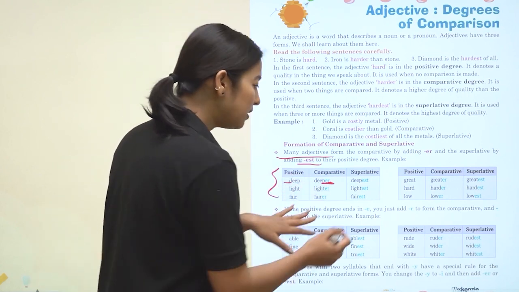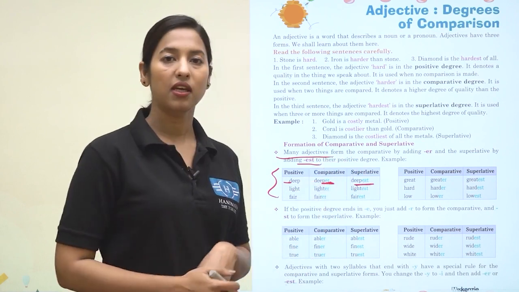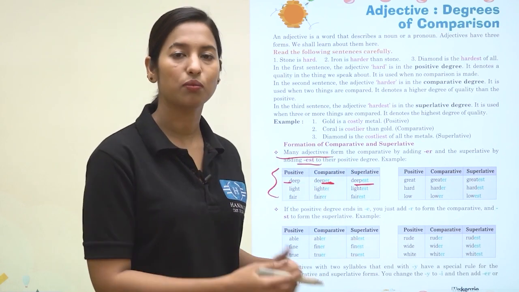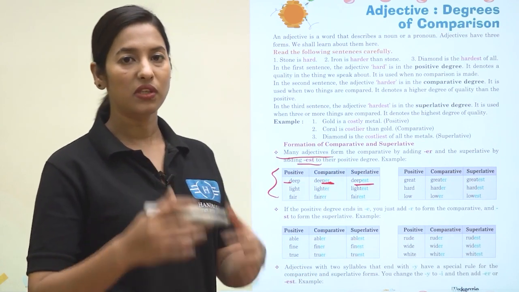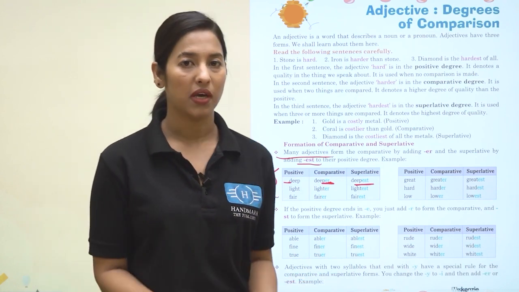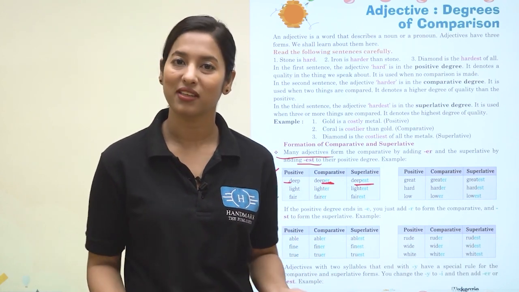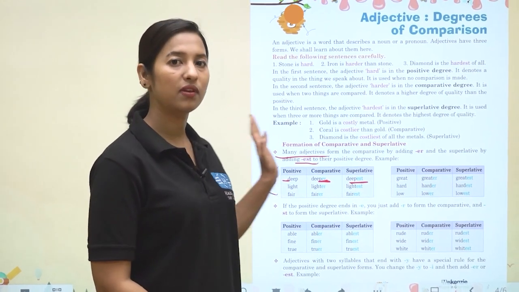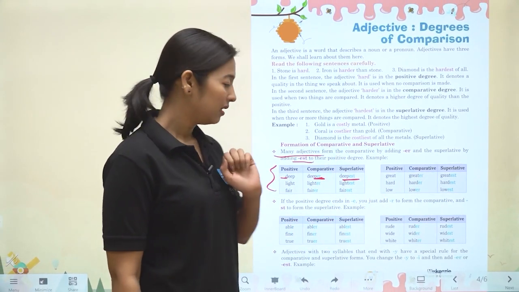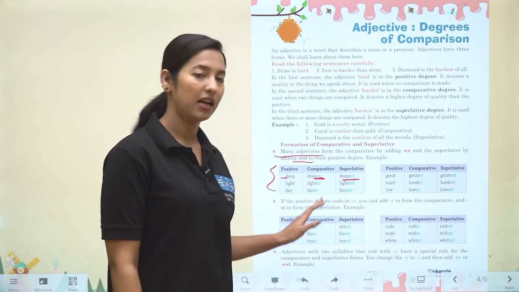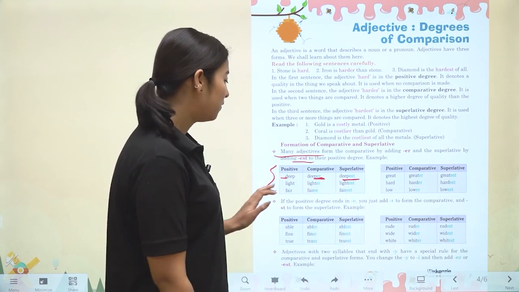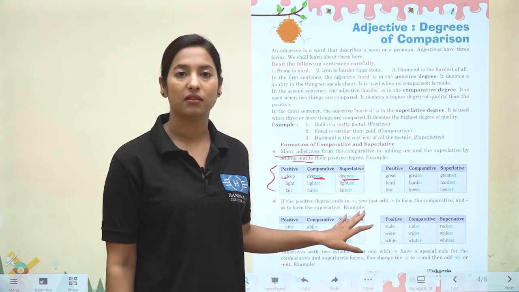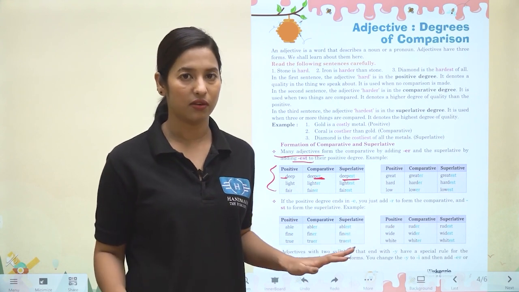Now deepest is the superlative degree. We have added est to make it superlative, which is used to compare more than two things. So deep, deeper, deepest: positive, comparative, superlative. Similarly, light, lighter, lightest; fair, fairer, fairest. So this was the first and basic rule.